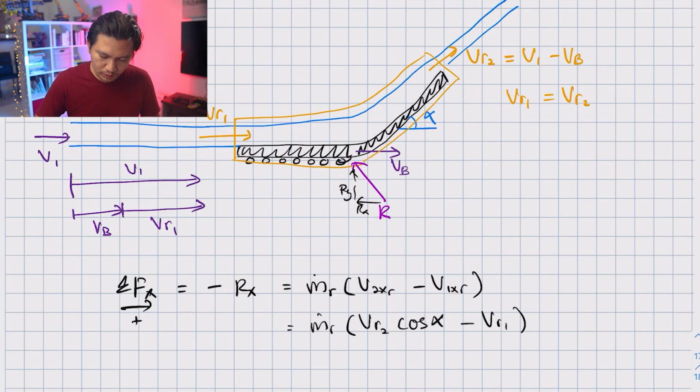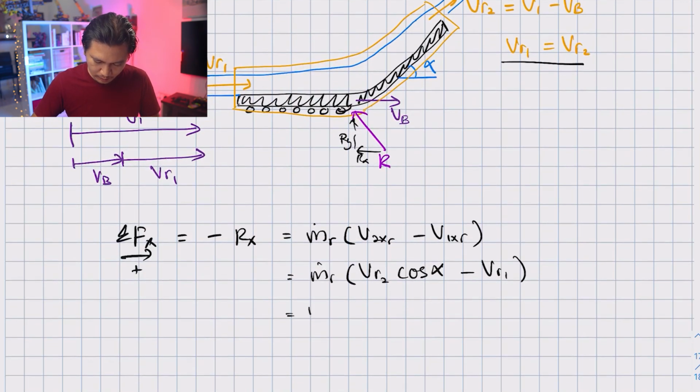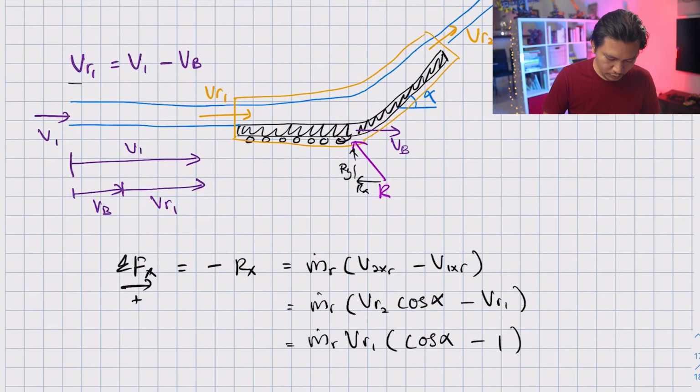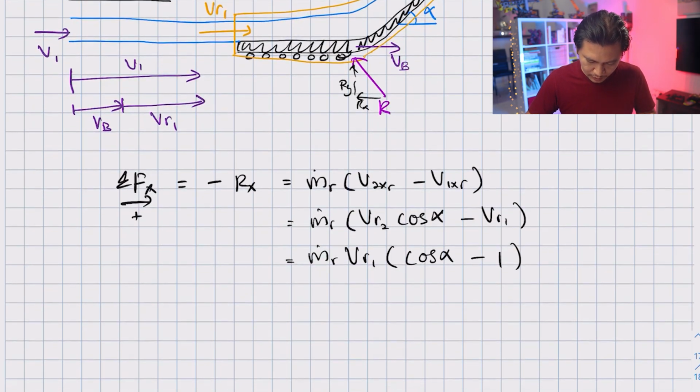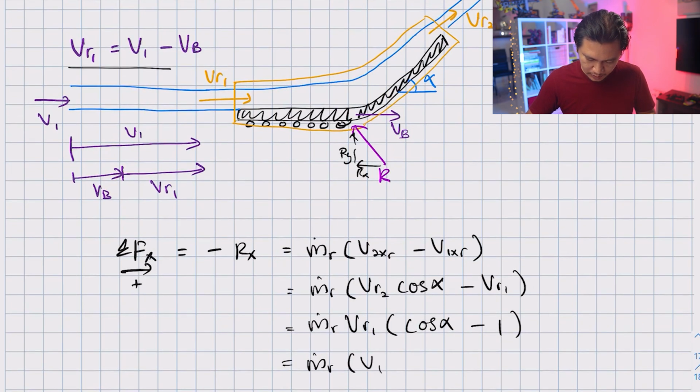And we also know that VR1 equal to VR2, so this equation becomes m dot relative VR1 times cos alpha minus 1. And we know that VR1 equal to V1 minus VB, so why not put it here? So m dot r times V1 minus VB times cos alpha minus 1. And that is your Rx.